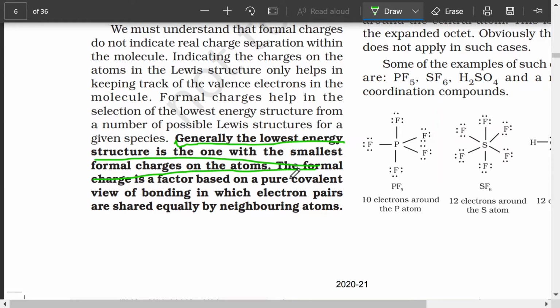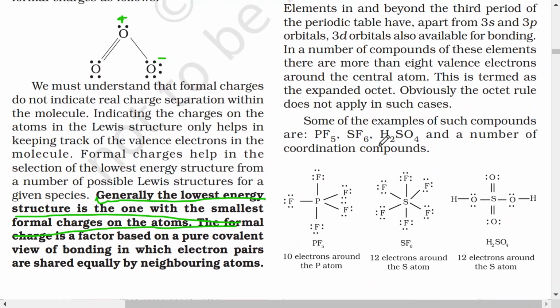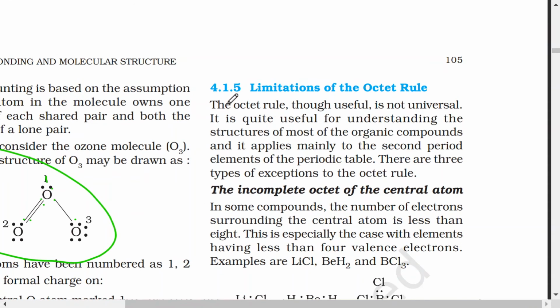So if the structure has low energy, then the formal charge on the atoms will also be low. Of course, that is true. Right. Now, let us come over here.